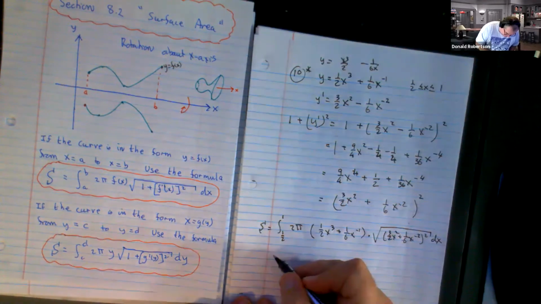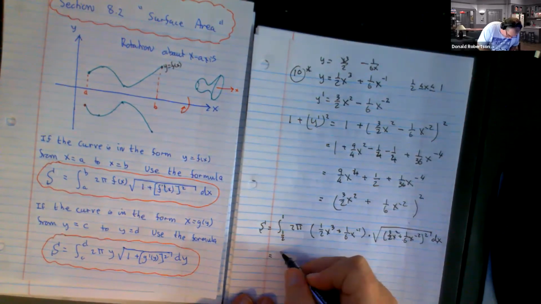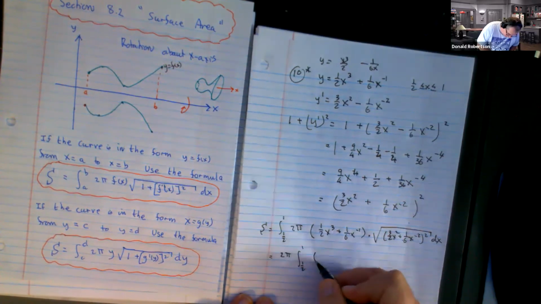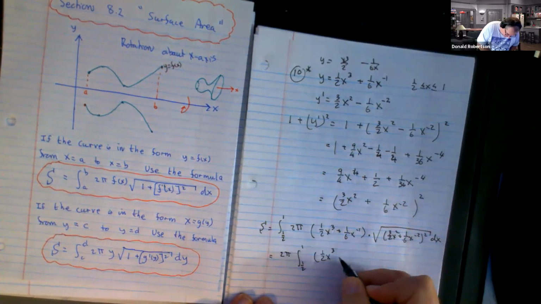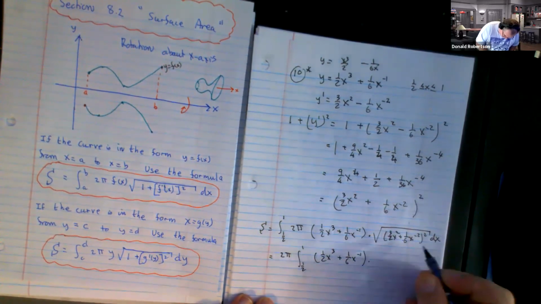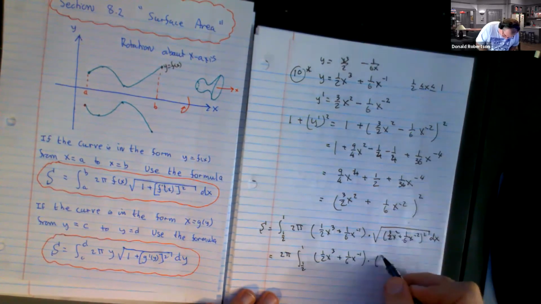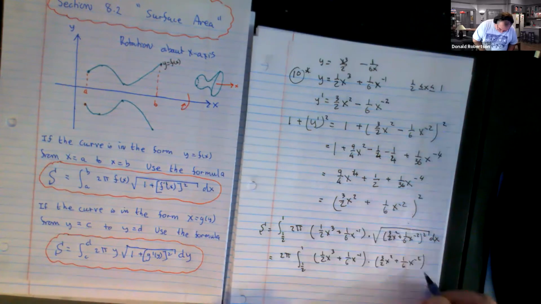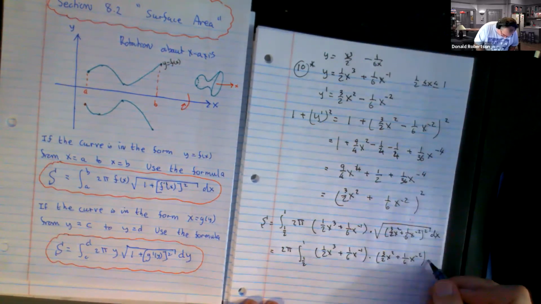Now, pull out your 2 pi. I have 1/2 x cubed plus 1/6 x to -1 times the square root of a perfect square dx.